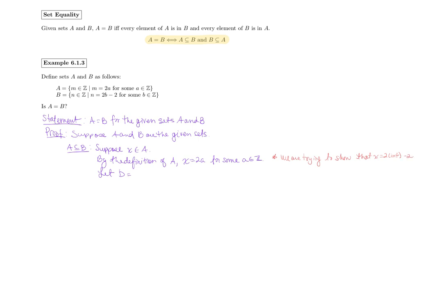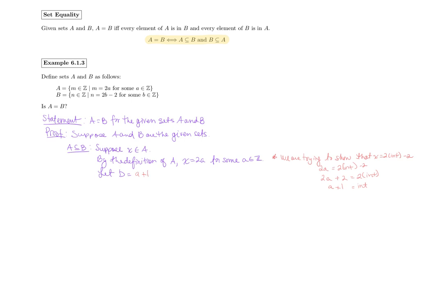So if x is 2a, then 2a is 2 times an integer minus 2. If we solve for that integer that would make this work, 2a plus 2 would equal 2 times the integer. If we divide it all by 2, we have that a plus 1 would be that integer. We're going to call that integer b. So b is now equal to a plus 1.